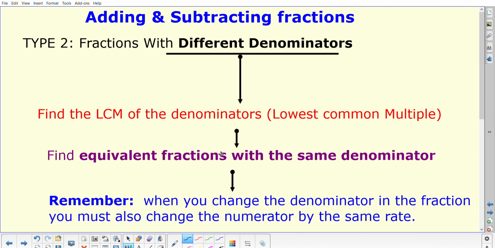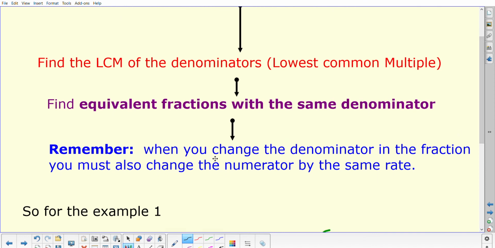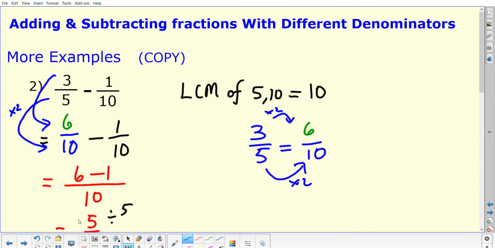So just to go through the process again, you find the lowest common multiple of the denominators, you make your equivalent fractions with that denominator, and remember that if you change the denominator, you also need to change the numerator. And once the denominators are the same, you are then just adding or subtracting the top number. Now it's your turn to have a go.